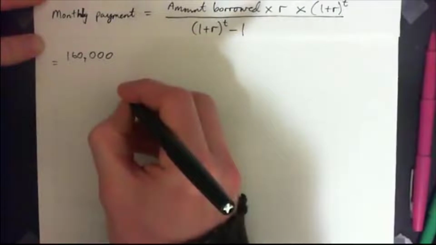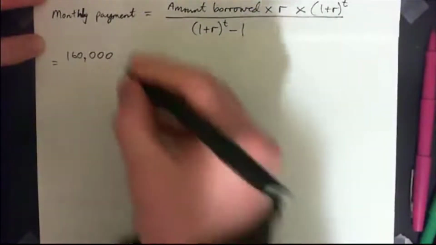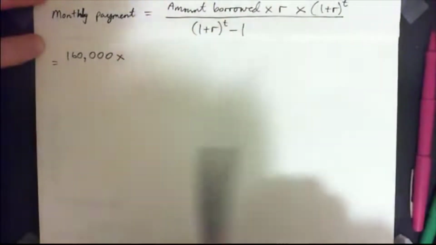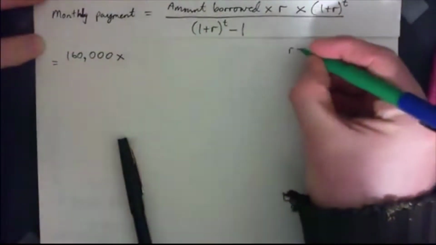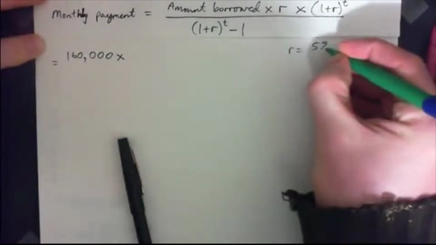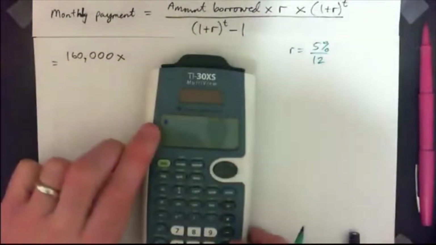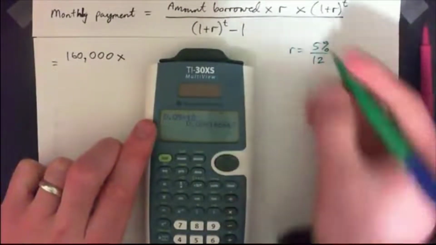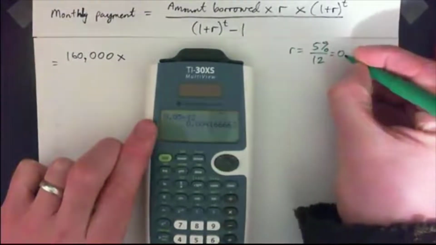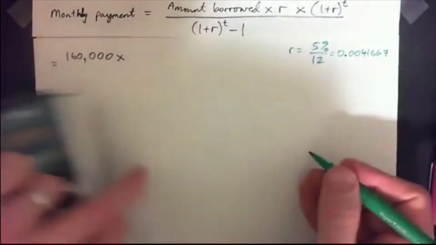Then we multiply by R. What's the rate? The rate is 5% over 12, so that's 0.05 divided by 12, which is 0.0041667.